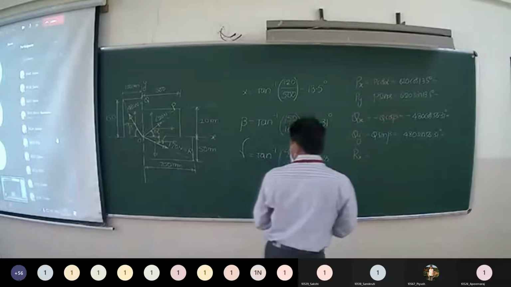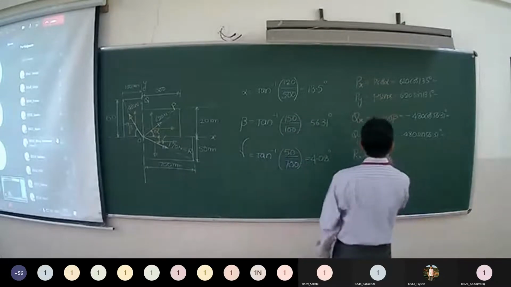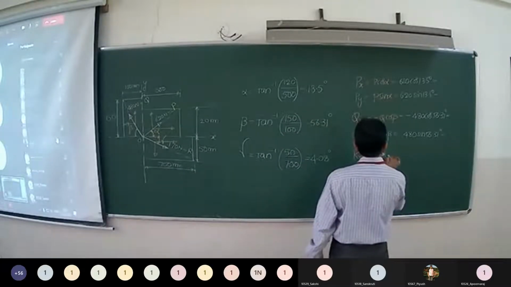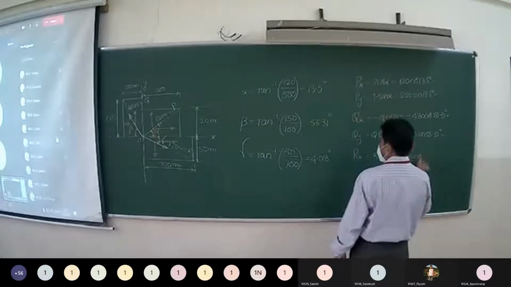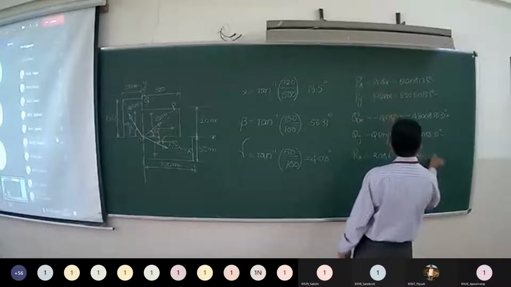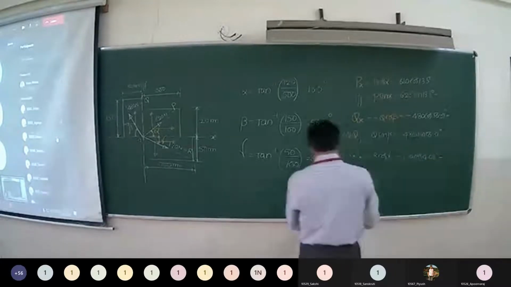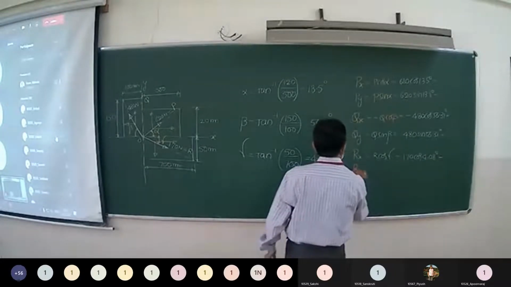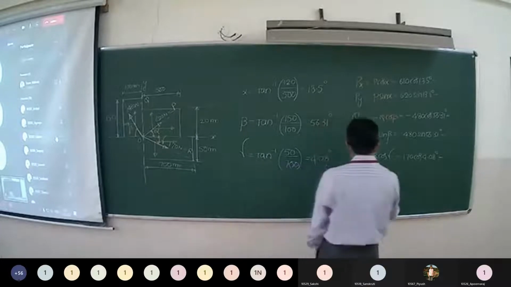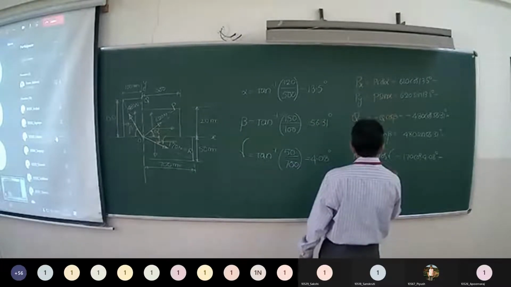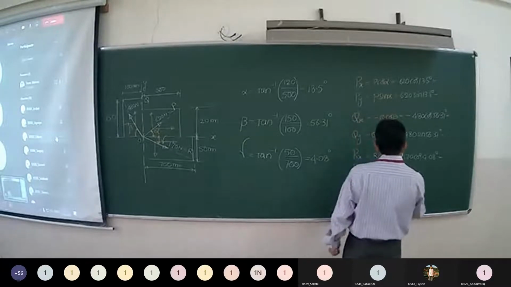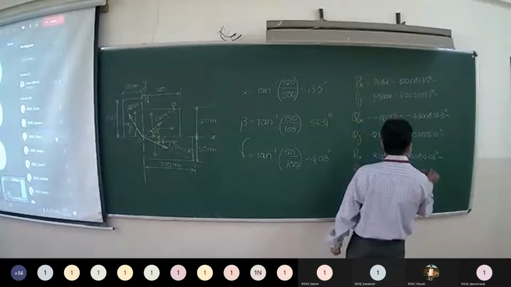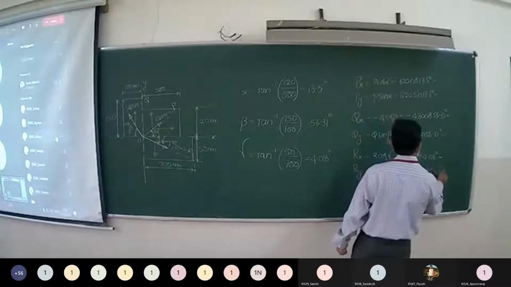So Rx is minus R cos gamma, that is minus 170 cos 4.08. And the vertical component, that is y component of R, is minus R sin gamma. So minus 170 sin 4.08.